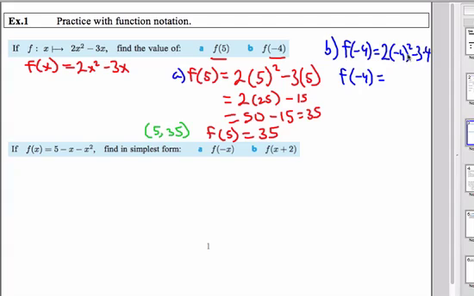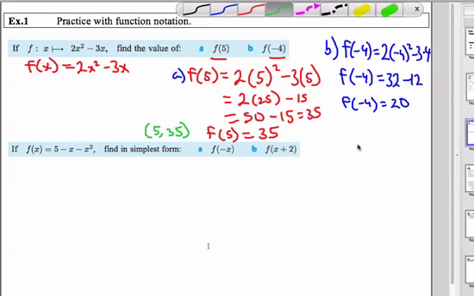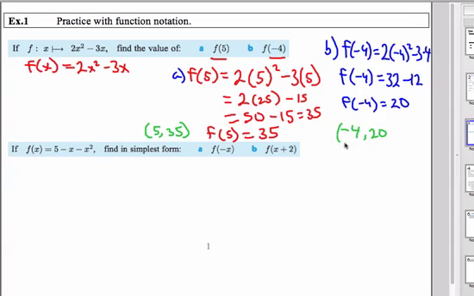Now negative 4 squared is 16. 2 times 16 is 32. 3 times 4 is 12. So you're going to subtract 12. And you get f of negative 4 equals 20. And again, another way to say that is that if the x value is negative 4, the y value is 20. So that point would be on this particular line.